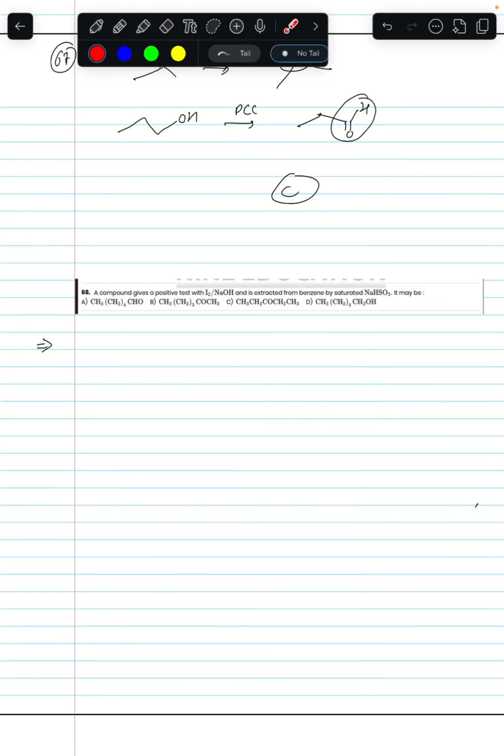Next is question number 68. Which of the following compounds will give a positive test with I2 NaOH, meaning iodoform test? For the iodoform test, suppose there is a ketone group, it will give the iodoform test if at least 3 hydrogens are present at the alpha carbon.